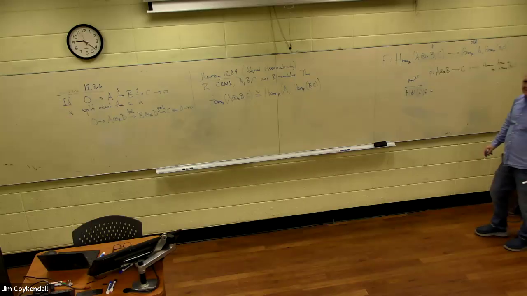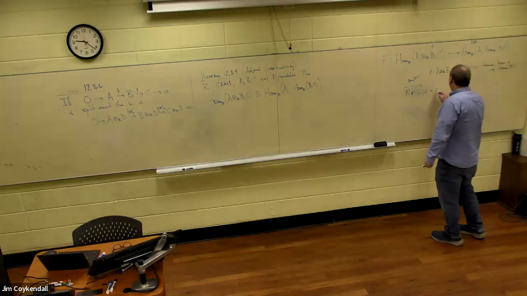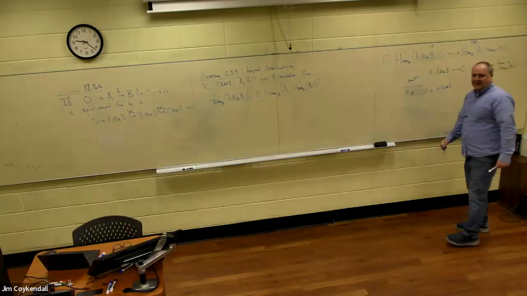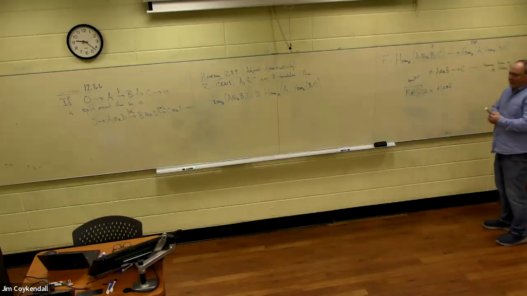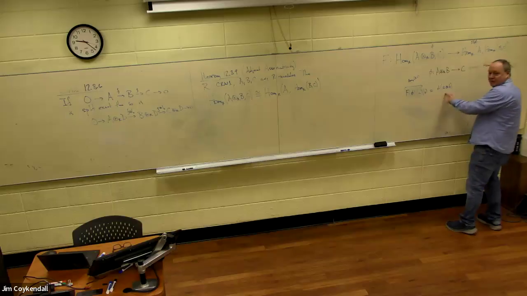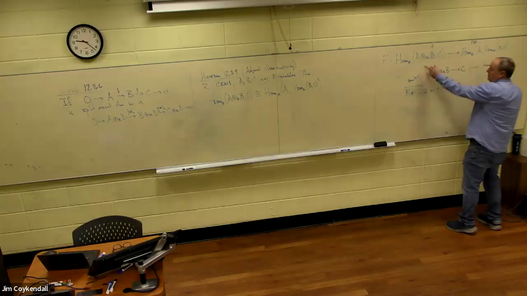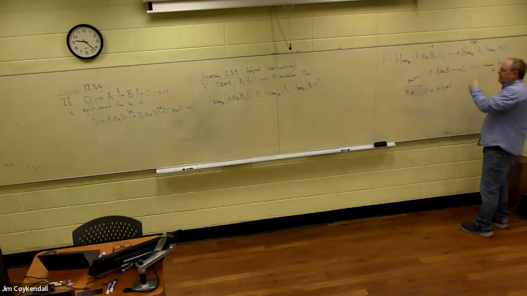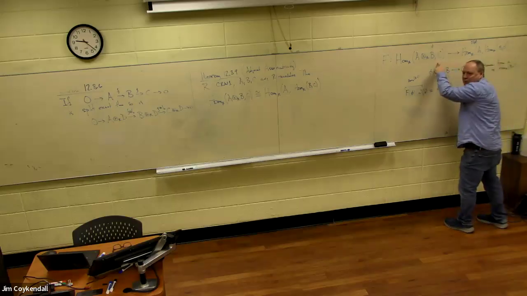Is it phi of A tensor B? Very good. That's the way this works. Your input is phi, a homomorphism from A tensor B to C, and this is how it works, because notice the output is actually in C. See if you can figure out how to work it backwards.